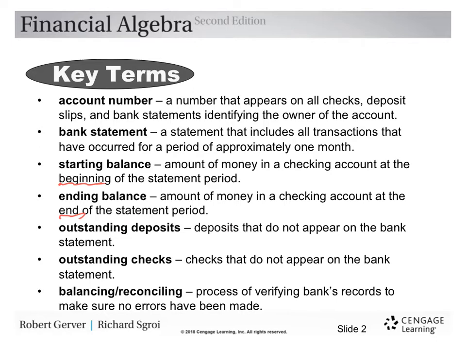Outstanding deposits are deposits that do not appear on the bank statement. Similarly, outstanding checks are checks that do not appear on the bank statement. And lastly, balancing or reconciling is the process of verifying bank records to make sure no errors have been made.